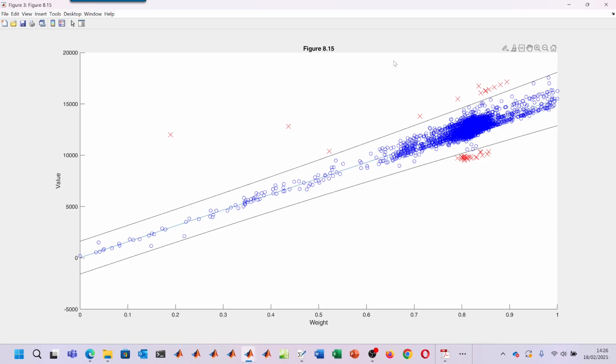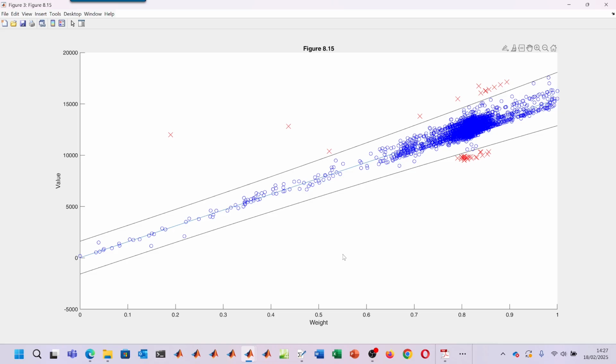This is figure 8.15. Perhaps the most important non-data analytical property is that you can see there is still quite a wide band at x, the weight, equal to 0. All the outliers that we have been discussing have fallen outside the bands, and none of them fall inside the bands, and no observations that have been declared to be normal lie outside the bands.